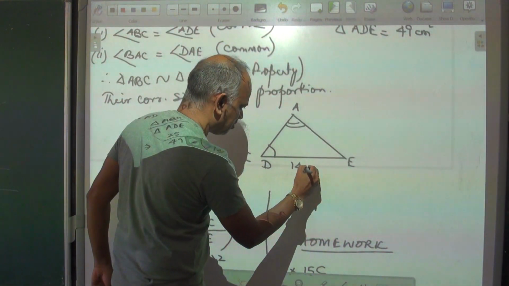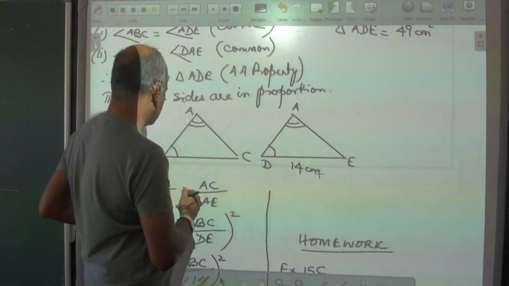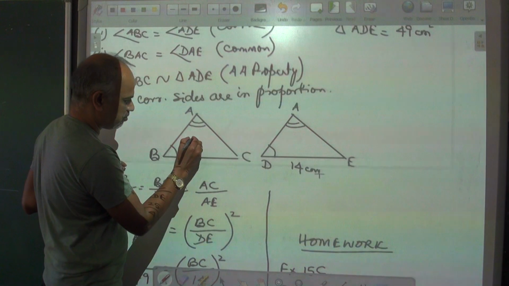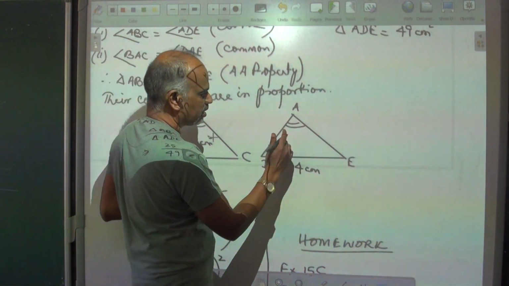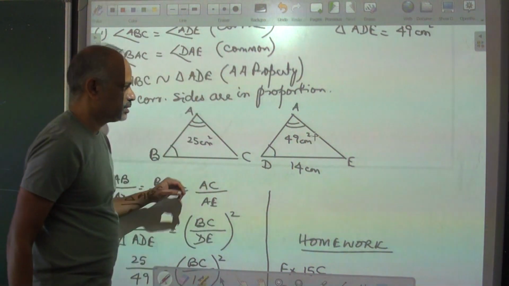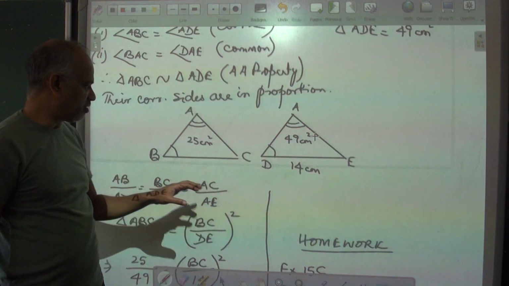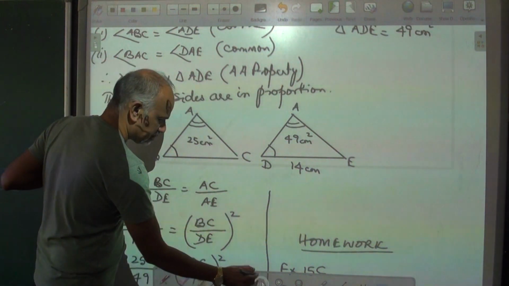That much is 14 centimeters. And you also know the area of these triangles. Area of this triangle is 25. And this was the bigger one, which was 49. Using these areas, you have to find side BC. That's what was the question.